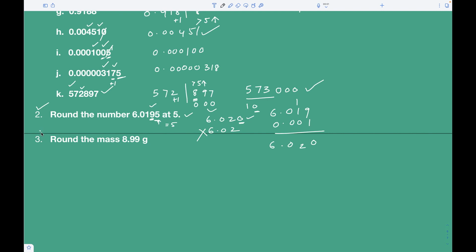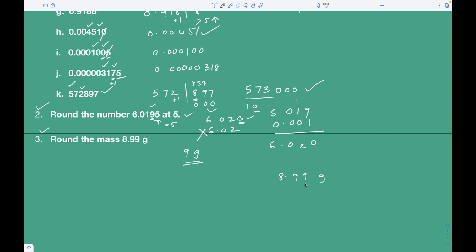Now the next example says round the mass 8.99 grams and it tells nothing else. In this case, we have to round it to the nearest integer and we get tempted to say the answer is 9 grams, but there is a small problem with this answer. See, the original measurement is 8.99 grams.